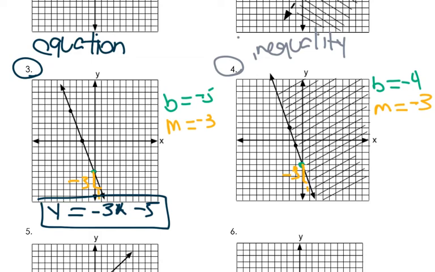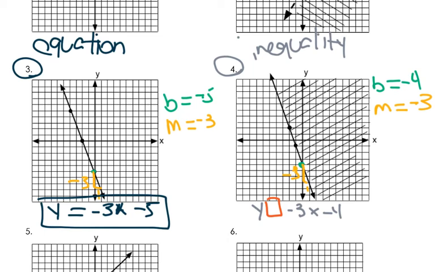Remember, any whole number always is over 1. Okay, so now I know my inequality is going to start with y. I don't know what the inequality is, so I'm going to make a space. -3x minus 4. I just have to figure out now what this inequality would be.